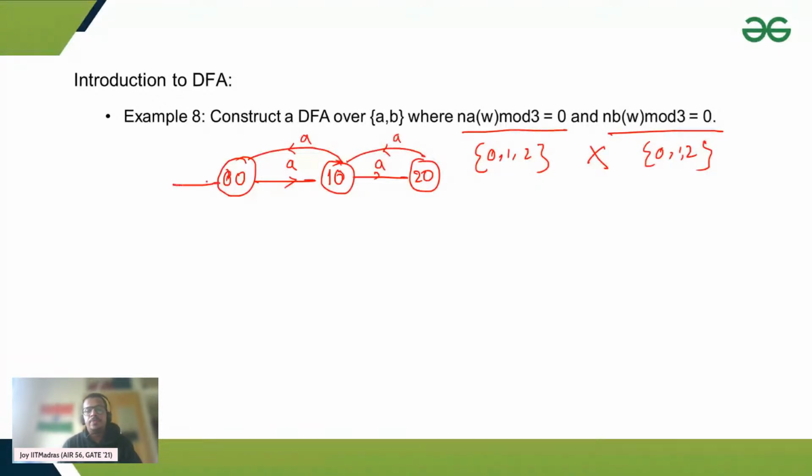We are counting B's in each column and A's in each row. If we get another B, it will be 0, 1 because the number of B is increasing. By another B, it is 0, 2, and we can come back.